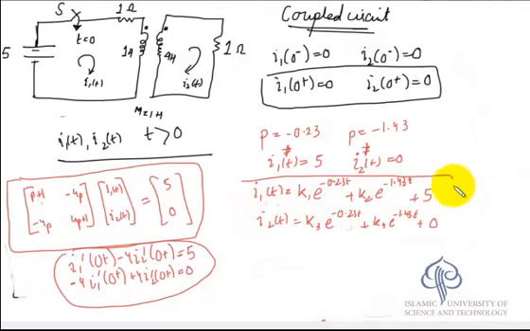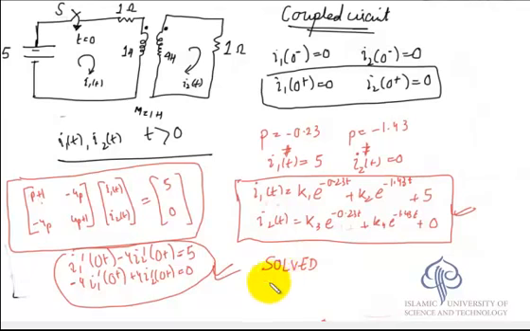So these are the two solutions that we have, and these are the four initial conditions that we have. Put the initial conditions into these two solutions, not the differential equations, and try to find the values of k1, k2, k3 and k4, and hence the problem is solved.